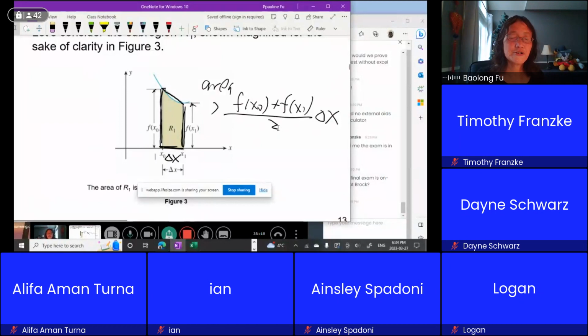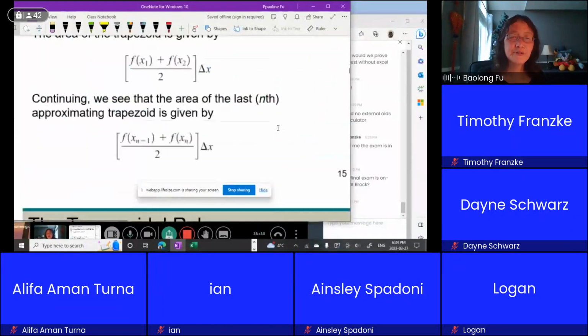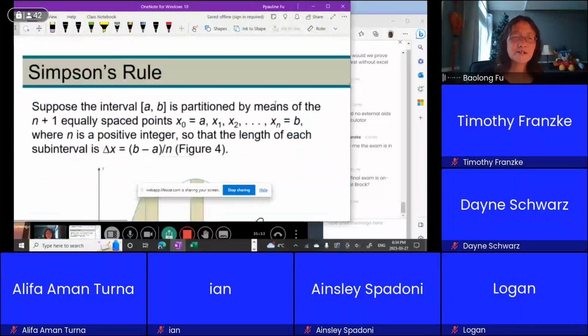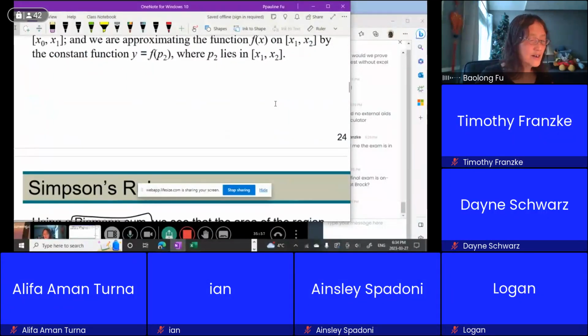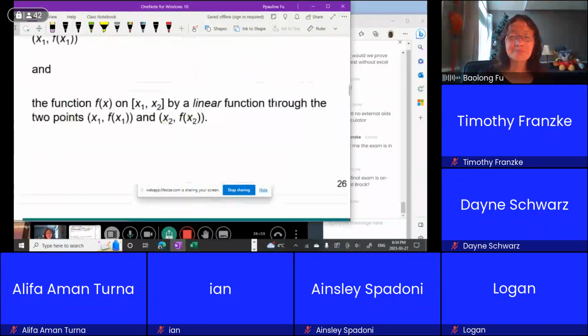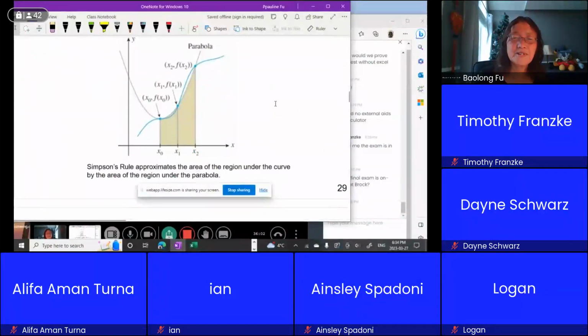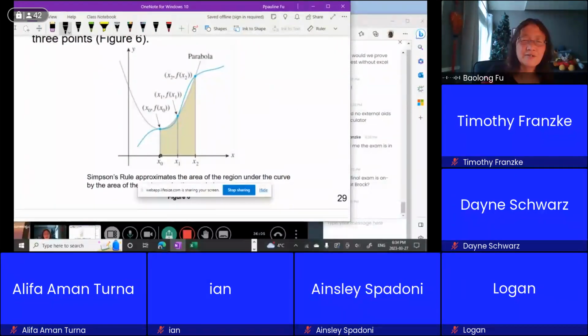Okay, use this trapezoid. And Simpson's rule actually uses a different approach. If we have these 3 points, we take 3 points and then we use a parabola. See, this part looks like a parabola from here to here. So we take 3 points.